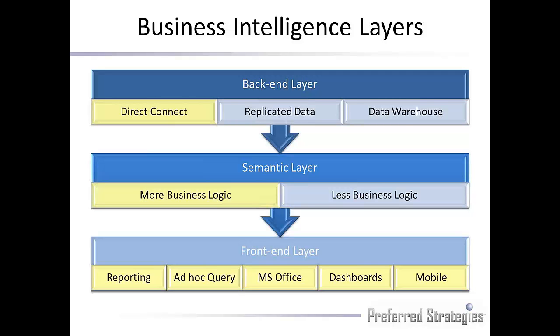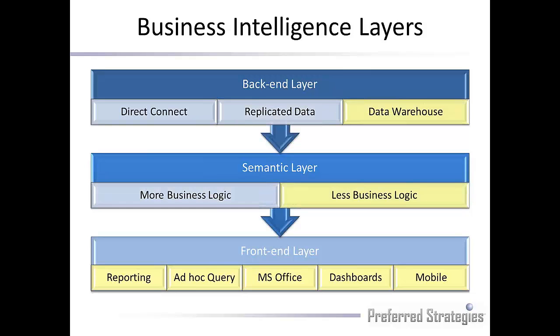So there might be more business logic going on in that middle layer under a direct connect, and the same for replicated, because the replicated environment hasn't gone through all the transforms of a full-blown star schema data warehouse. So that middle layer would be required to deliver more business logic.